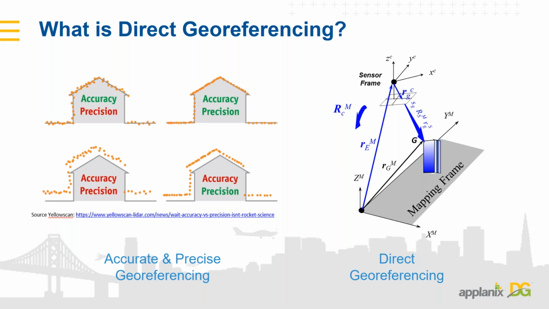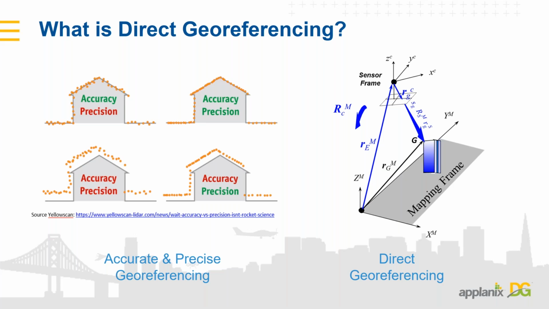And the way we do that is we use a GNSS to capture positioning data on the UAV platform, integrated with an INS or an IMU, which basically captures the orientation data of that UAV platform.